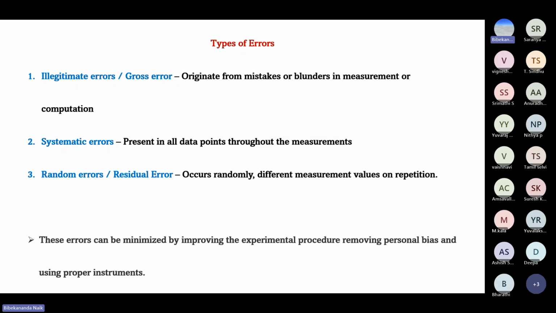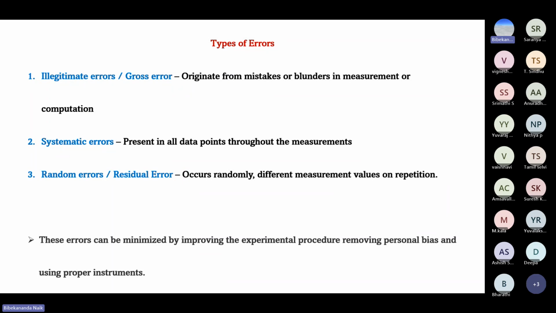And after some time, in another phase of the experiment, your concentration is not so good, so there will be some errors in the measurement. So it occurs randomly, and if you try to repeat the experiment, then depending upon your state of mind or concentration level, the result may be different. So those are random errors.